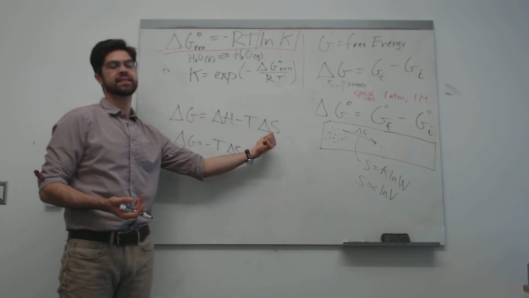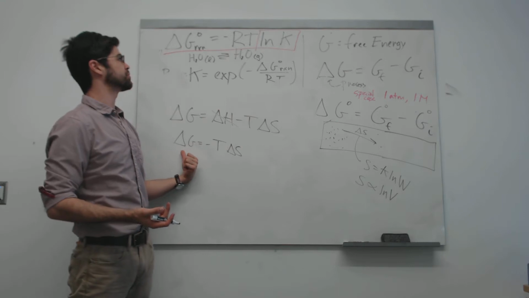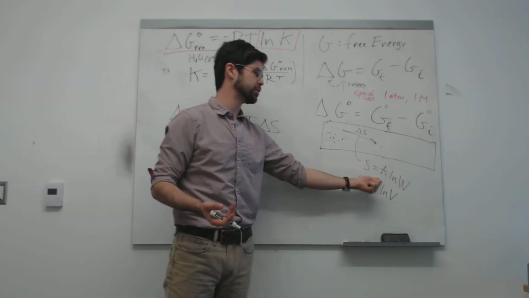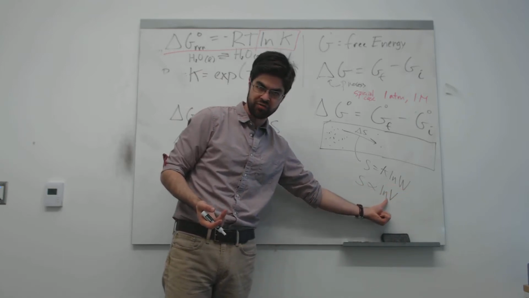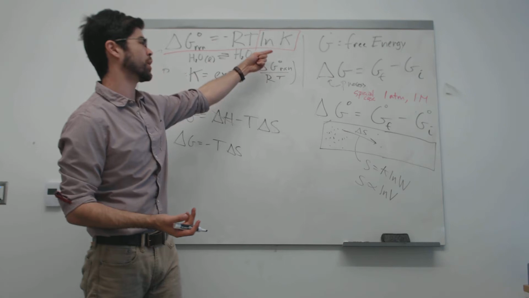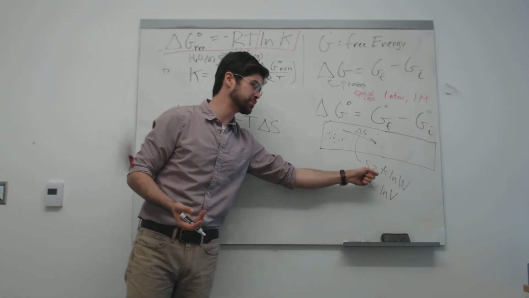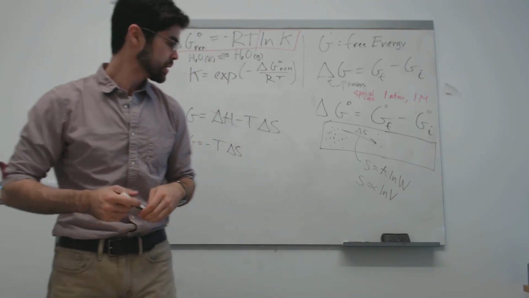The free energy takes into account entropy, and so as a result, changes in free energy are going to be related to changes in entropy, which are in turn related to changes in the number of microstates, which are in turn related to changes in volume and pressure, which is where we get this natural log from. So the origin of the natural log comes from entropy's definition as the log of the number of microstates.